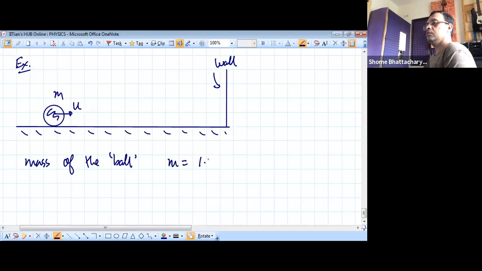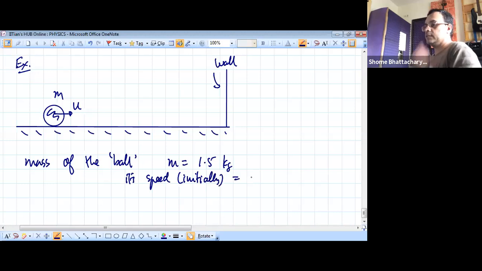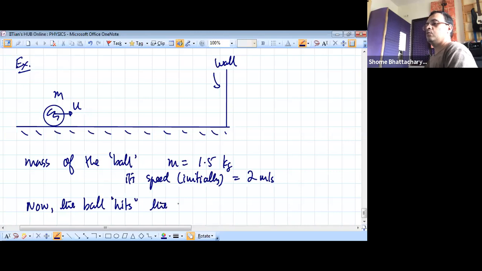Let's say its mass is 1.5 kilograms, and the speed with which it's moving initially is, let us say, 2 meters per second. Now the ball hits the wall and rebounds at 1 meter per second.